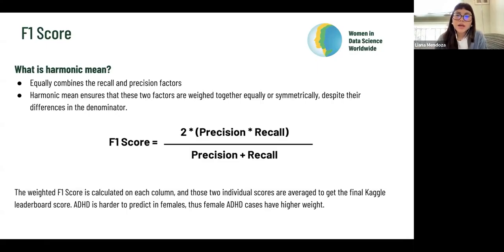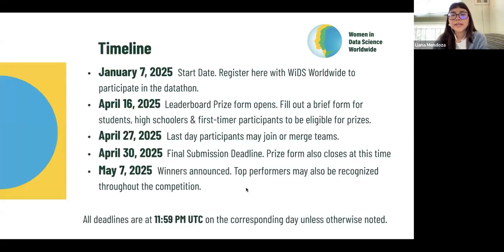So the F1 score for the sex category and the F1 score for the ADHD diagnosis are computed separately in 2 separate harmonic means. And then those 2 individual scores are averaged to get the final Kaggle leaderboard score. So yeah, that is the F1 score explained.